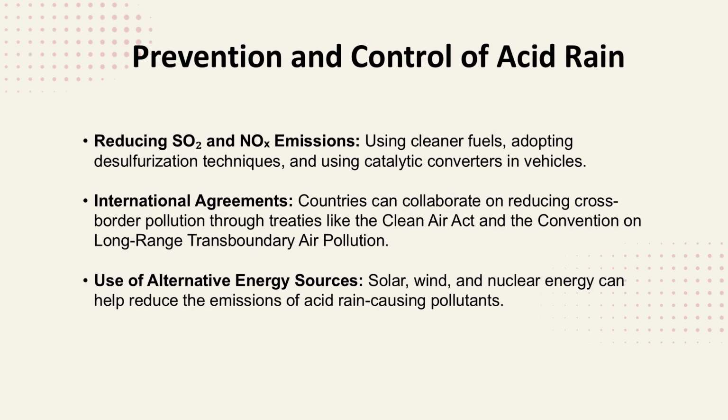Prevention and control of acid rain. Reducing sulfur oxide and nitrogen oxides emissions, using cleaner fuels, adopting desulfurization techniques, and using catalytic converters in vehicles. International agreements. Countries can collaborate on reducing cross-border pollution through treaties like the Clean Air Act and the Convention on Long-Range Transboundary Air Pollution.